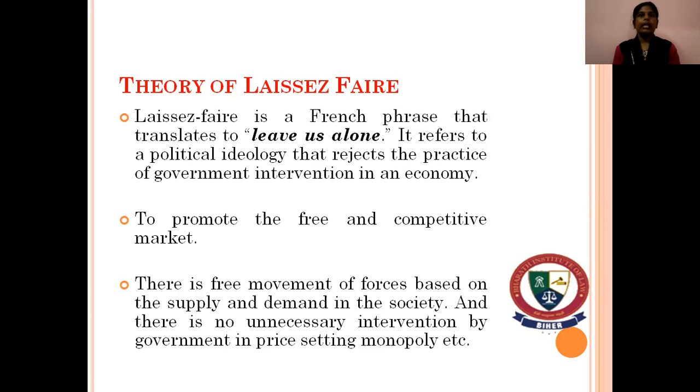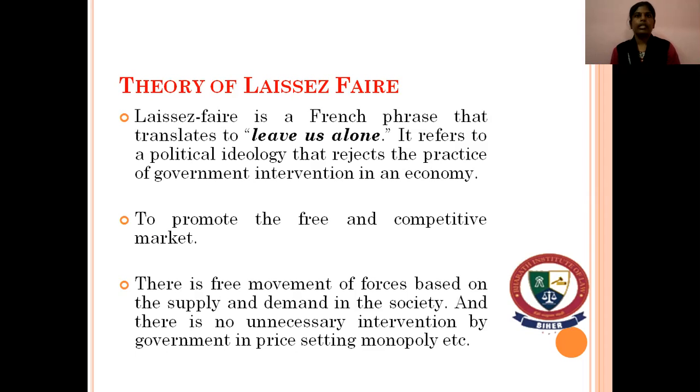So naturally in a country or in a market, if we see, everything will be controlled by the government. If I want to start a business, or if I'm willing to register a factory, first I have to get permission from the government, saying what kind of manufacturing I'm going to do, what sorts of labor I'm going to employ, what manufacturing process, what raw materials I'll be using, and how much electricity or other resources I'll be using.